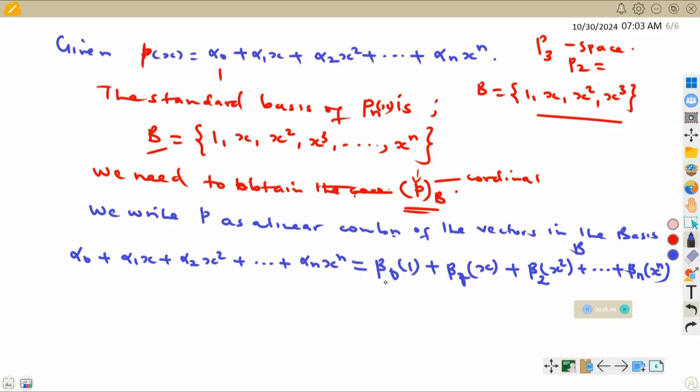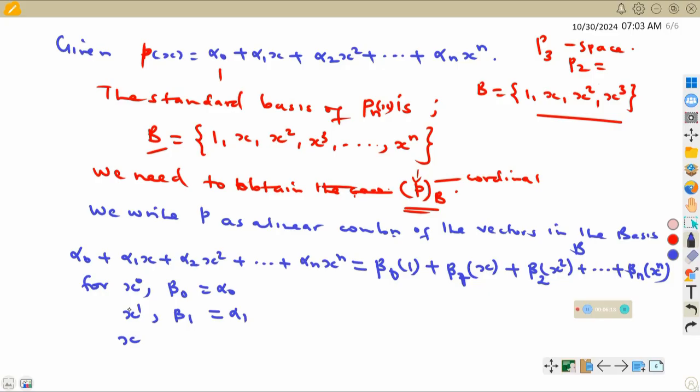So we need to look for the values of beta naught, beta 1, beta 2, up to beta n. These are our scalars. When this one is equal to this, we equate the corresponding components. For x to the power 0, beta naught equals alpha naught. For x to the power 1, beta 1 must equal alpha 1.